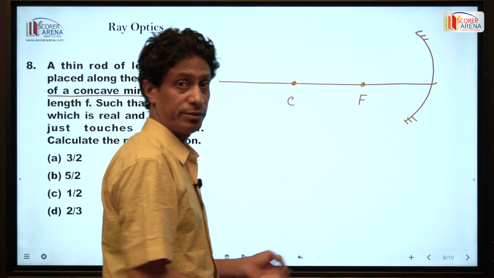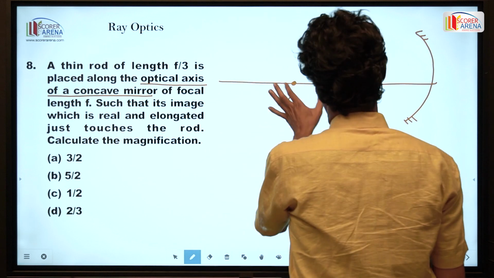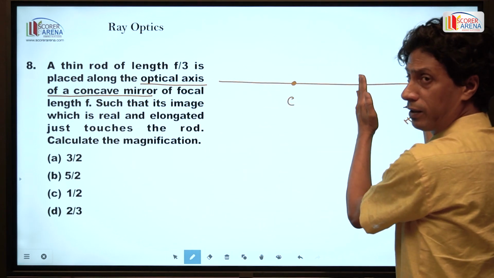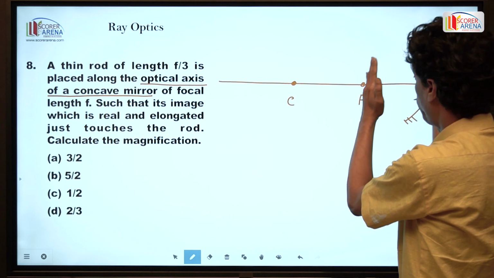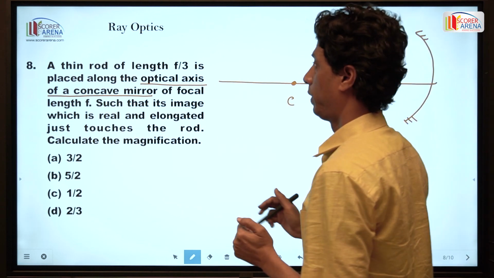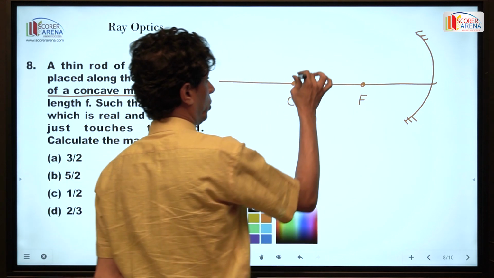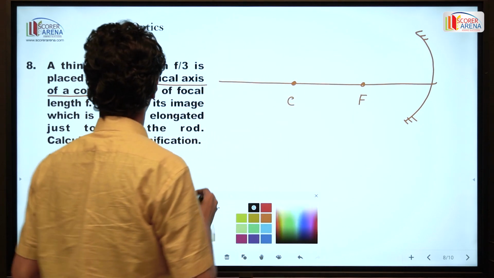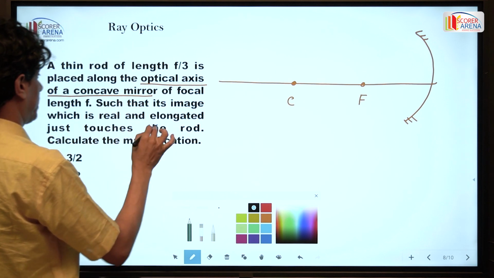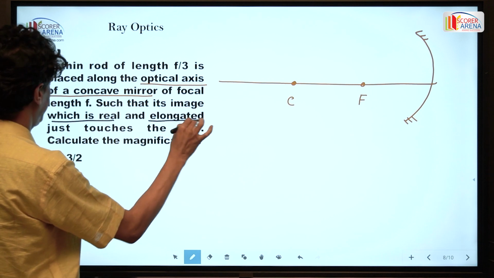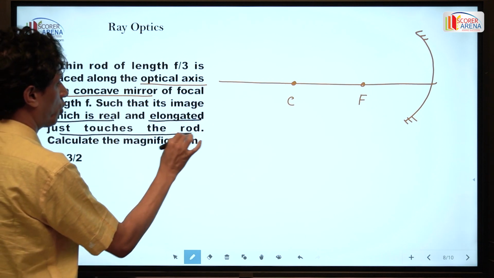By eye estimation, the distance of center of curvature should be 2 times the focal length, and a rod lies along the optical axis such that its real and elongated image just touches the rod.